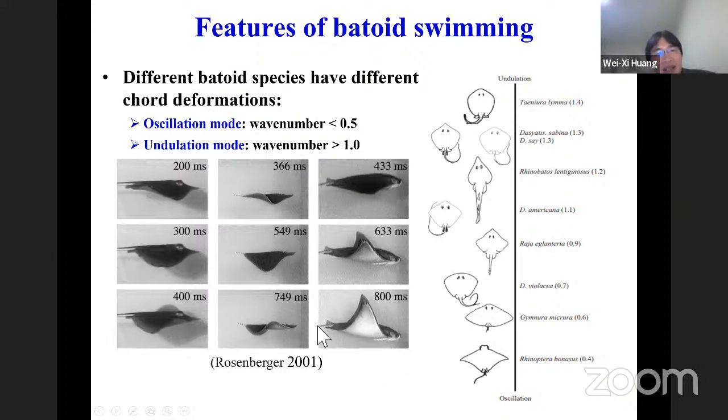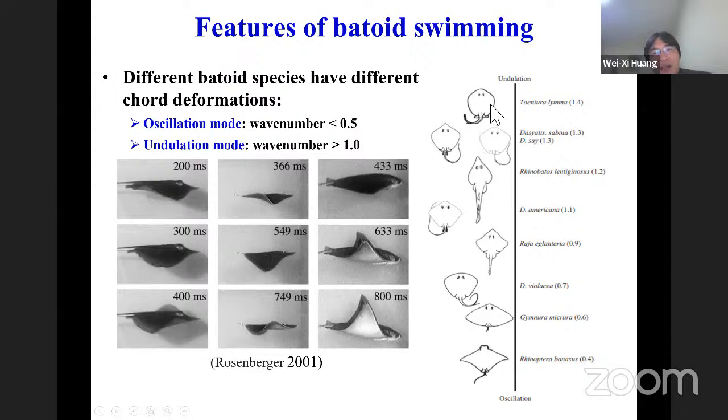This is a kind of special motion, different from the tuna swimming. It's like a bird, and when the wave number is small, it's just like a flapping wing. It's called oscillation mode. But when the chordwise wave number is large, it's undulation mode.